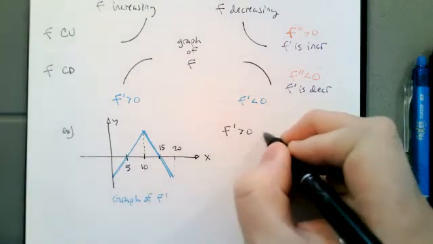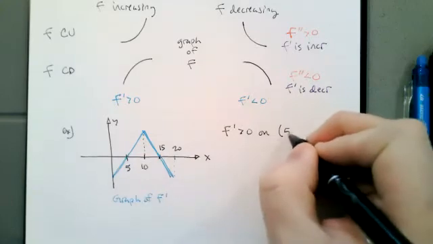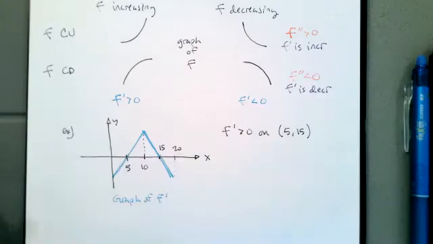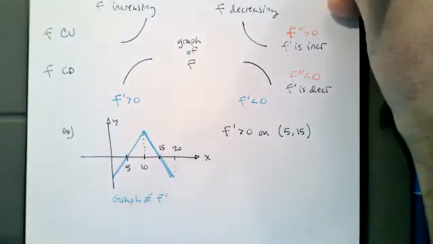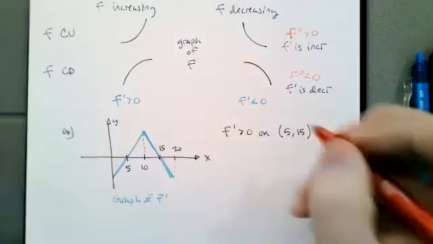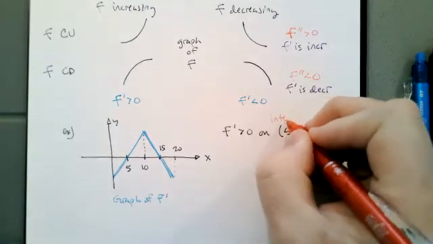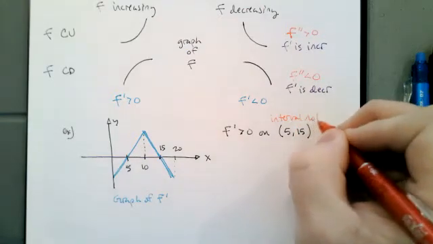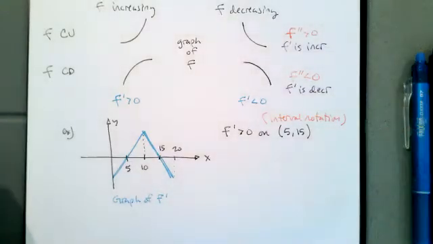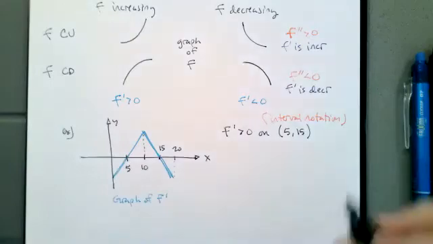I'm using interval notation. So on the interval from 5 to 15, f prime is positive, so we know that f is increasing on the interval from 5 to 15.